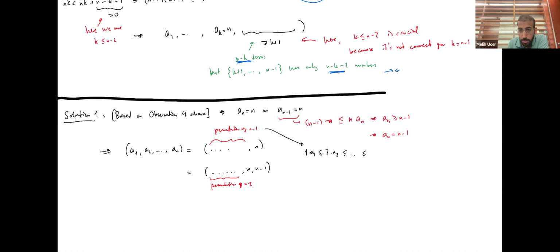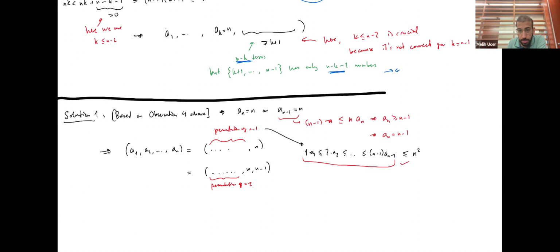The conditions here are n minus 1 times a_{n-1}, and then the last thing is n times a_n. This is automatically satisfied. This is obvious anyway, because the maximum this can be is (n-1) times (n-1).